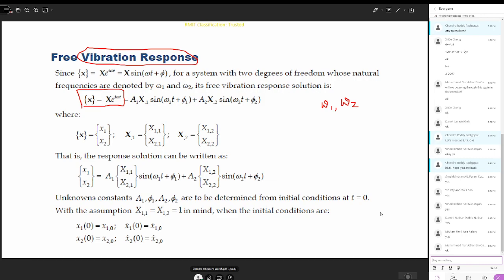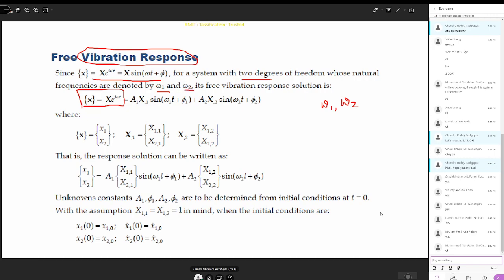To get the response, we choose the response of the system like this: x into sine omega t plus phi. For a 2 degrees of freedom system, the natural frequencies we can take as omega 1, omega 2.